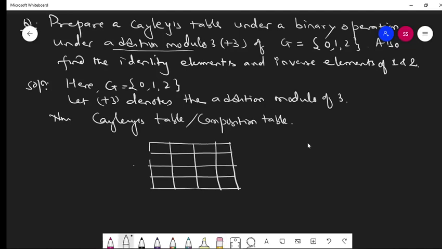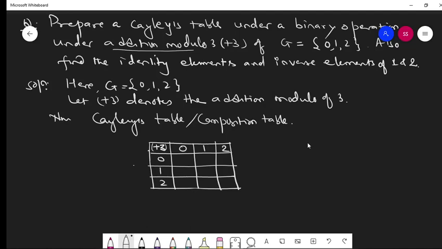We have to draw a 4 by 4 table because here we can write the operation, addition modulo 3, as plus 3. And vertically and horizontally we can write the elements 0, 1, 2. So if 3 elements are given, we need a 4 cross 4 table. If 4 elements are given, we need a 5 cross 5 table. In the first row and first column we can copy the elements.